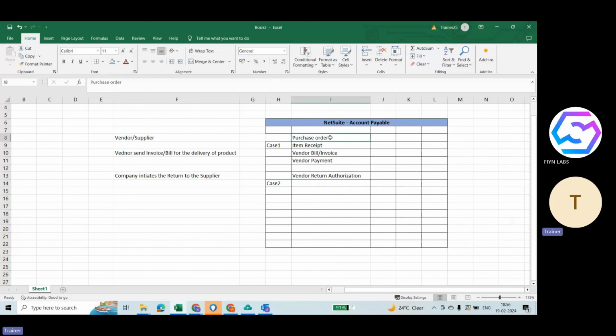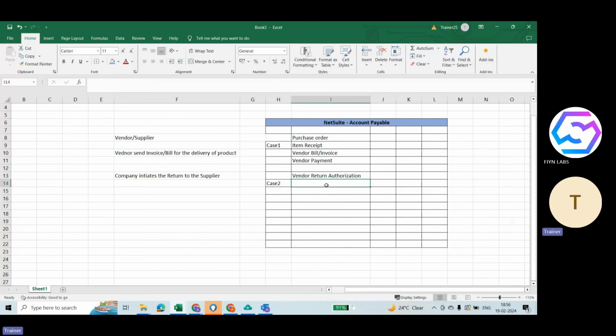With a purchase order, you are placing the order because you want to buy an item. Here you are creating it because you want to return the item. Just like we do in day-to-day life, for example, on Amazon, you return the product. In that case, we consider ourselves a customer returning the product.